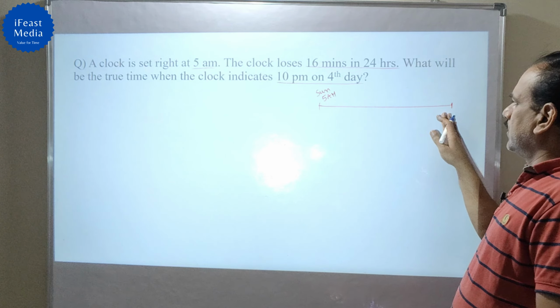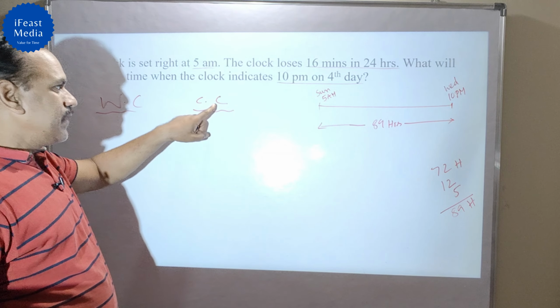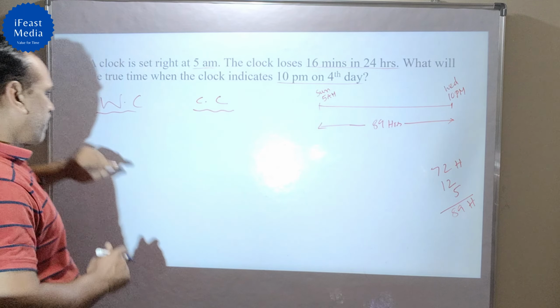Now we have to establish a relation between wrong clock and correct clock. What is wrong clock? This clock is actually running slow, therefore it is wrong clock. Right? So what will be the true time when this clock indicates 10 p.m. on Wednesday, what will be the correct time in the correct clock?